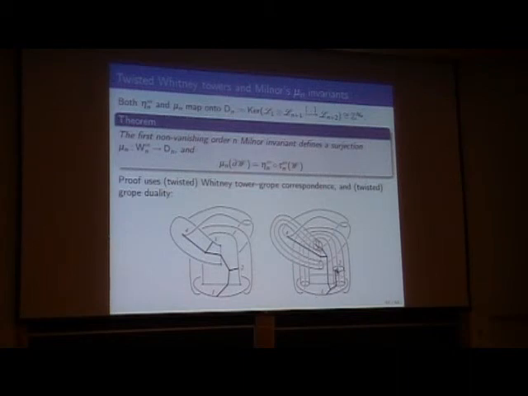So you have a commutator of the second meridian with the boundary of this stage of the grope, and that's also a commutator in the other meridians. So this geometric map going from Whitney towers to gropes corresponds to this algebraic eta map, where we chose roots at all the univalent vertices.